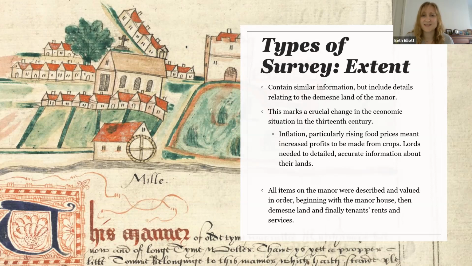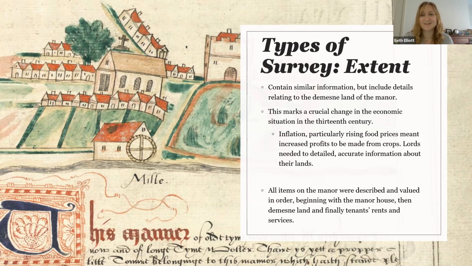As we move towards the 13th century, we see quite a strong period of inflation across the country. So you tend to find that while extents, that's the name of the sort of survey you get around the 13th century, contain similar information, they also start to include more detail relating to the demesne land of the manor. If you remember, that's the land that the lord is taking his profit from.